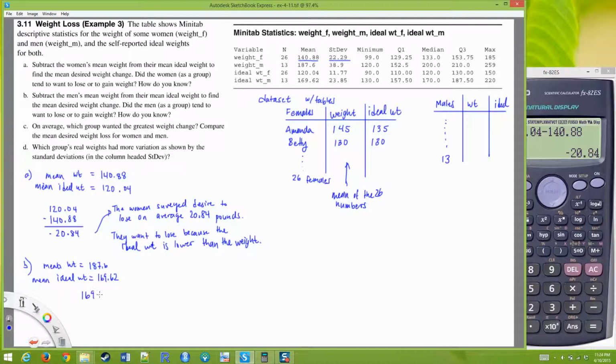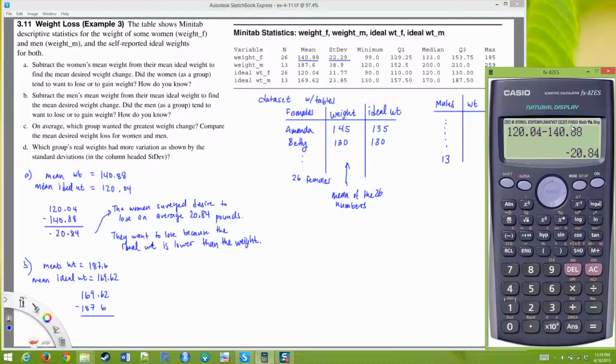So we're going to do 169.62 minus 187.6, and I get negative 17.98.